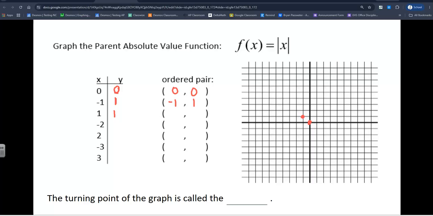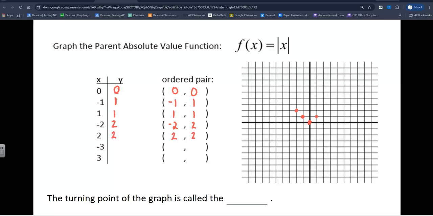Absolute value of +1. It's the washing machine. If you put clean clothes into the washing machine, they come out clean, right? So 1, 1 is that point. Absolute value of -2 is +2. So -2, 2. That's this point right here. Absolute value of 2 is 2.